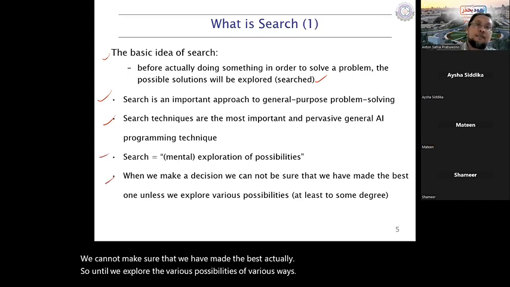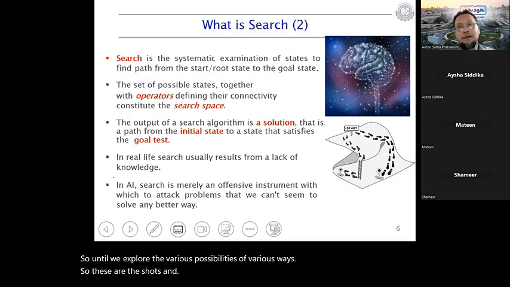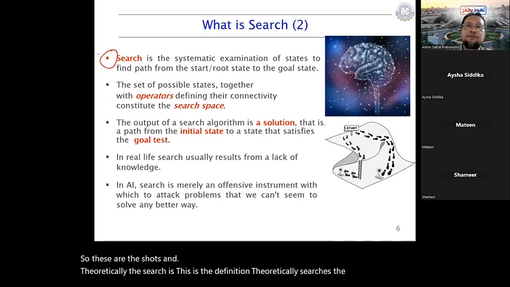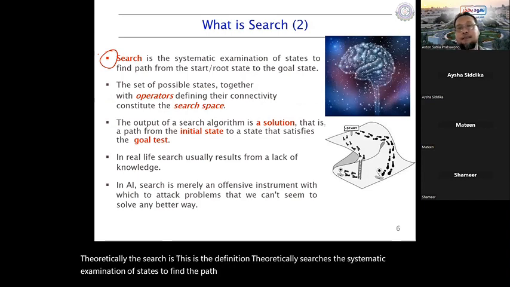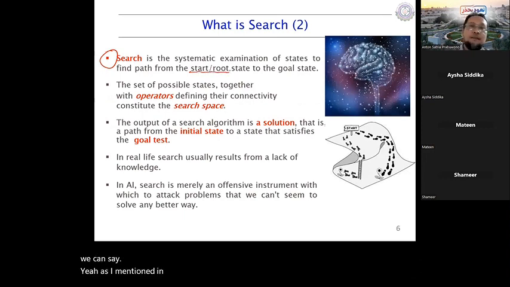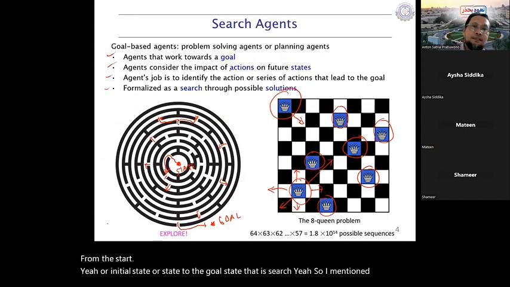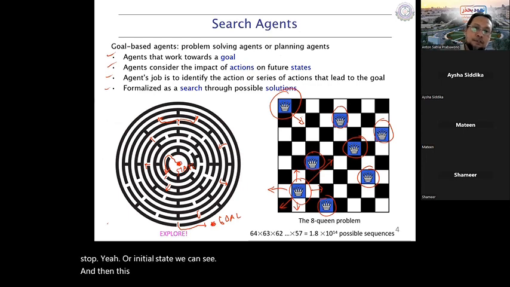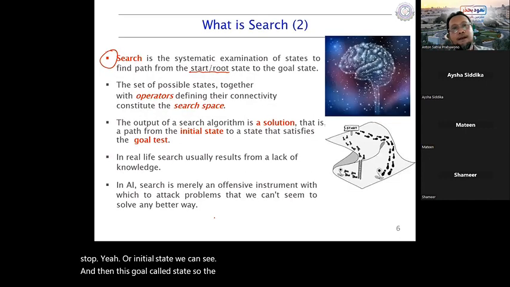Theoretically, this is the definition: search is the systematic examination of states to find the path from the start, the initial state or root state, as I mentioned in the previous slide, to the goal state. That is search. Here this is the start or initial state, and this is the goal state.